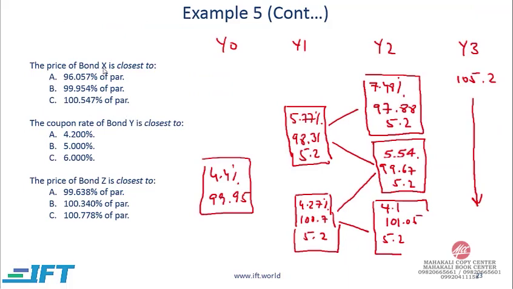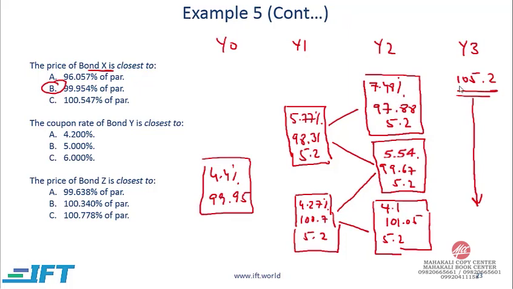So with bond X, the correct answer is 99.95. So that's here. And this is what you do. Recognize that at the end of year 3, the cash flow is 105.20 no matter what happens. And we need to work backwards now. So this particular node here, the interest rate is 7.48%.